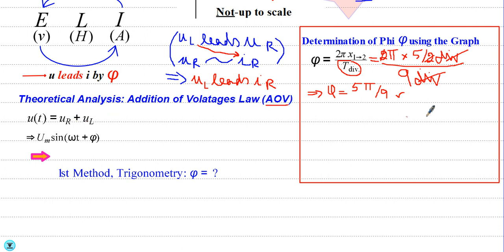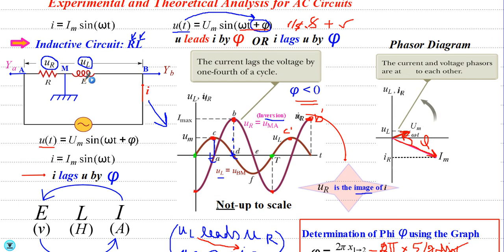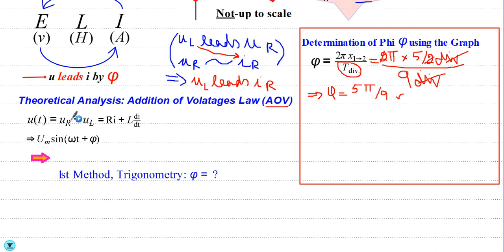U of t is U of R plus U of L. So that's the addition of voltage law, and it is Ri, Ohm's law, here. And Ohm's law for an inductor is L di over dt. It is minus d phi over dt, but minus times minus, it will be positive L di over dt.